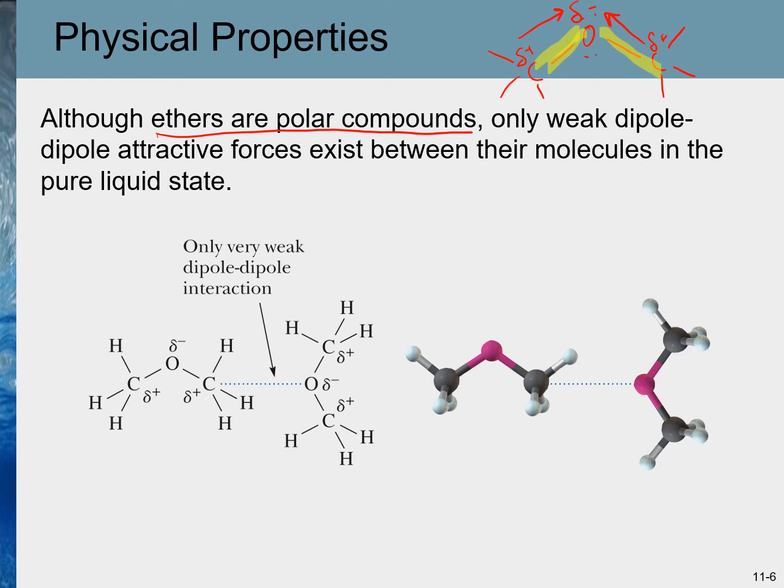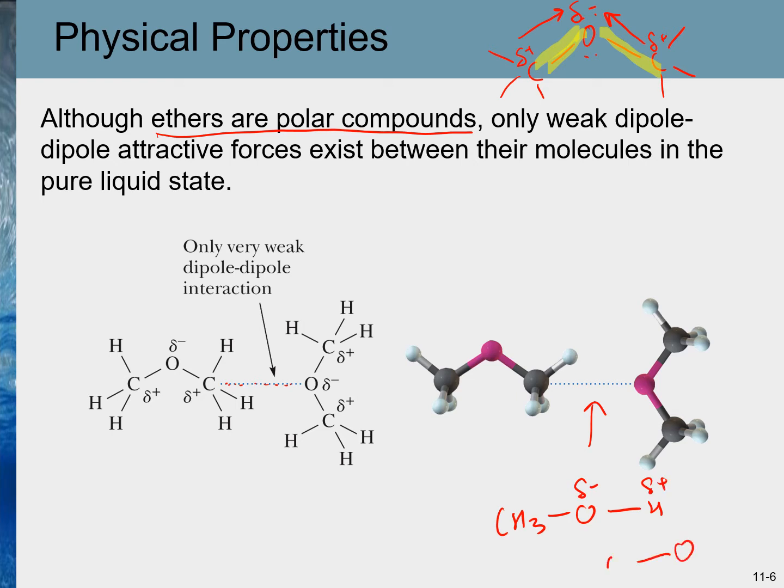Although ethers are polar, only weak dipole-dipole interactions exist between their molecules. So because of this, low molecular weight ethers are liquid at room temperature, but their boiling points are much lower than alcohols with comparable molecular mass. Remember, in case of alcohols such as methanol, we have hydrogen bonding.